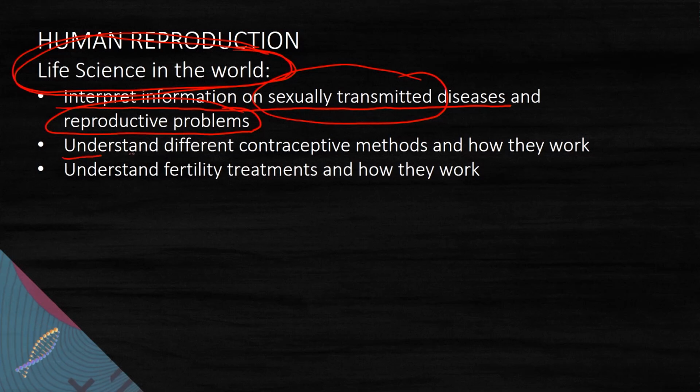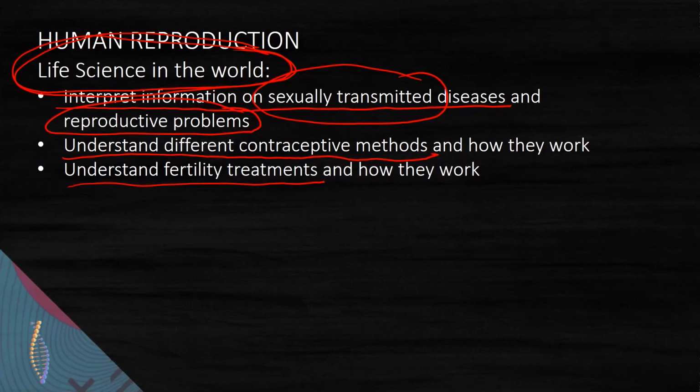You also have to understand the different contraceptive methods and how they work, and also some people struggle to have children, and science has an amazing array of fertility treatments that can help childless couples achieve their aim of having a baby of their own. So you need to understand why some people cannot have children and how doctors and medical science can actually help them to conceive.